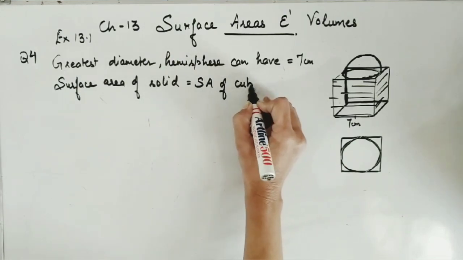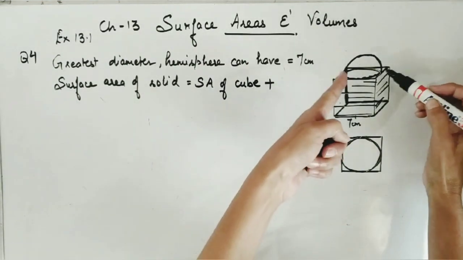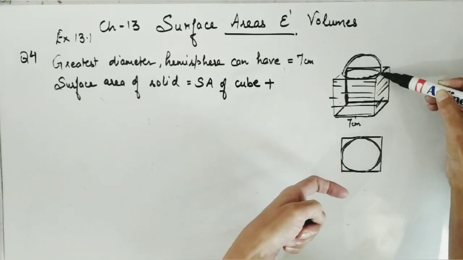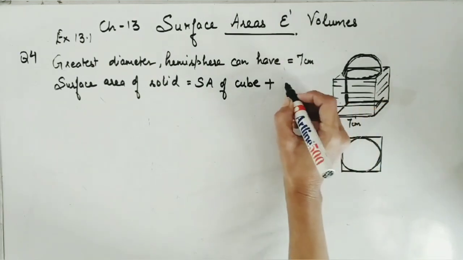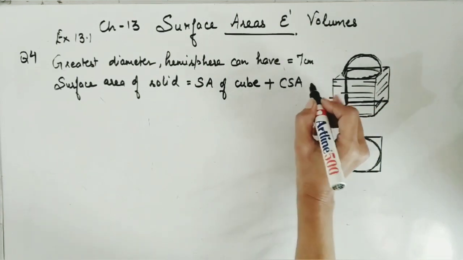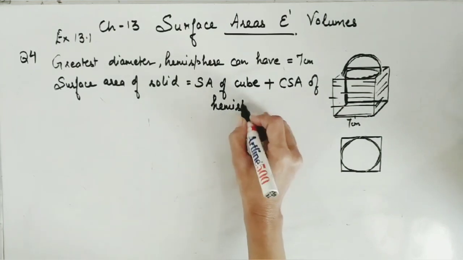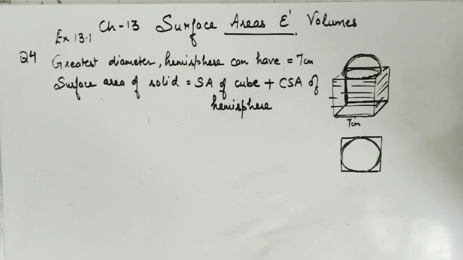Surface area of cube added to, from the top you observe this region. What is this? This is the curved surface area of the hemisphere. CSA of hemisphere. Alright, so two things are done.